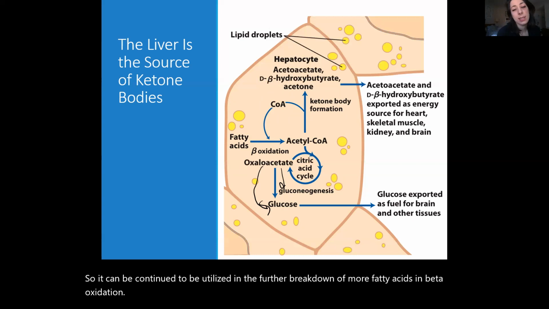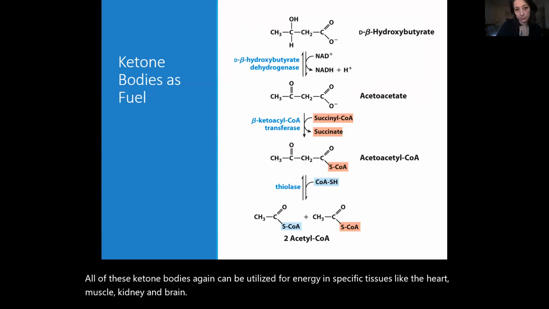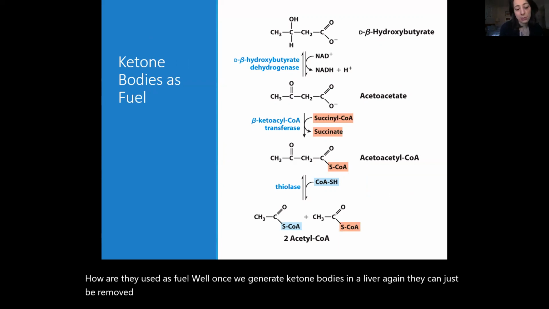All of these ketone bodies, again, can be utilized for energy in specific tissues like the heart, muscle, kidney, and brain. How are they used as fuel? Well, once we generate ketone bodies in the liver, again, they can just be removed via breathing them out, or they can go to tissues to be used for fuel.